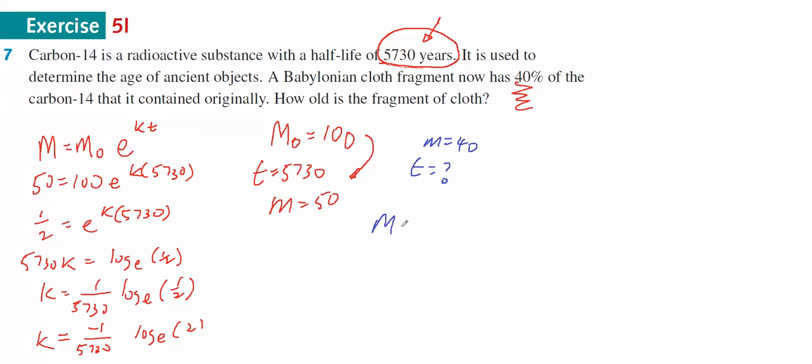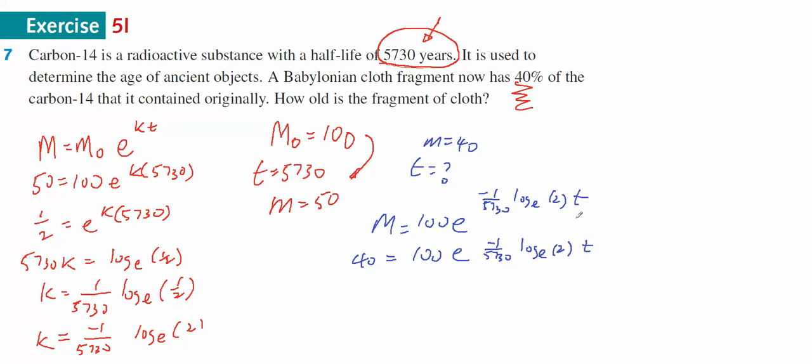So I know that the mass is going to equal 100 e to the minus 1 on 5730 log base e of 2. So 40 equals 100 e to the minus 1 on 5730 log base e of 2 t.